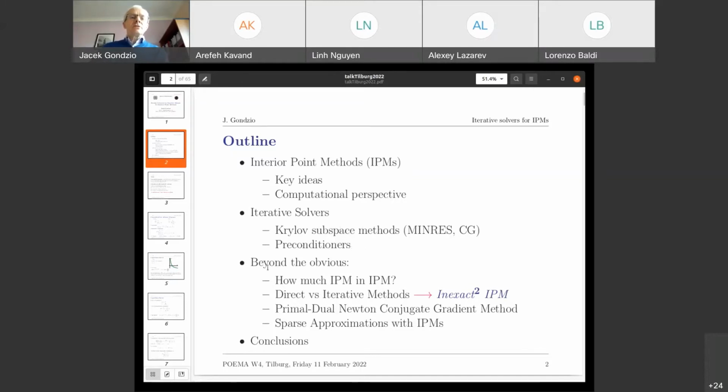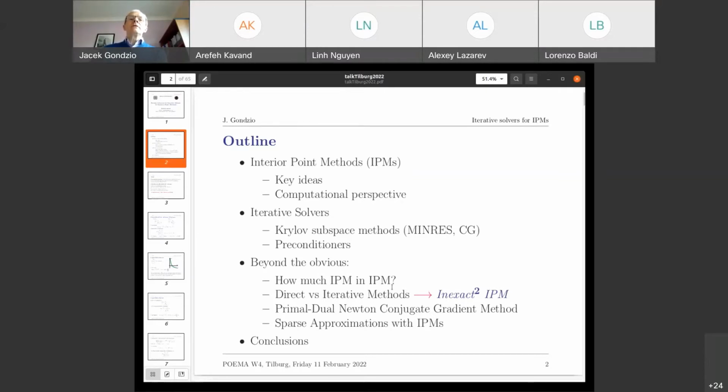Finally, in the last third part of the talk, I will go beyond the obvious things and will address those items, which are how much of interior point do we really need in interior point? Can we be a little bit more flexible? Can we be permissive regarding dropping some of the assumptions normally used?